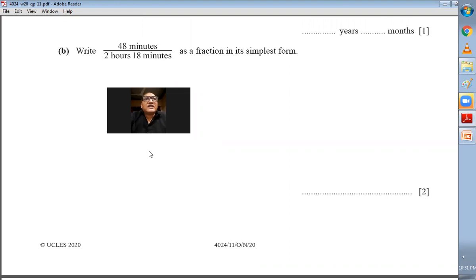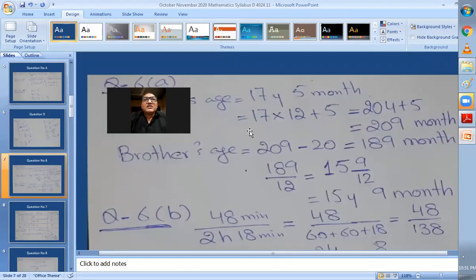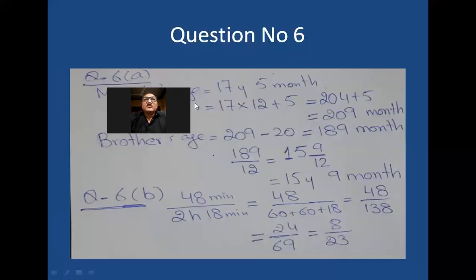Write the minutes as a fraction in its simplest form. So let me show you how I have done this question. Before you write them in the simplest form, they should have the same unit.